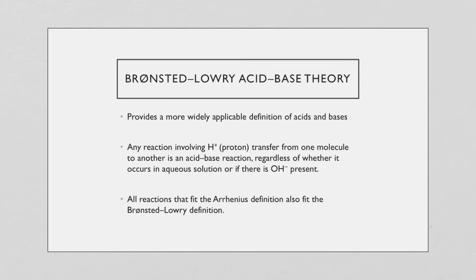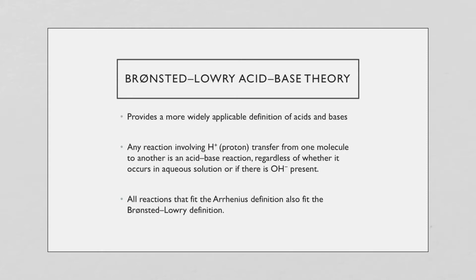Now, one of the big reasons why Bronsted was used, right, is it provides a much more widely applicable definition of acids and bases. So it pulls all of those bases that I said were excluded from the Arrhenius definition into the family of bases.